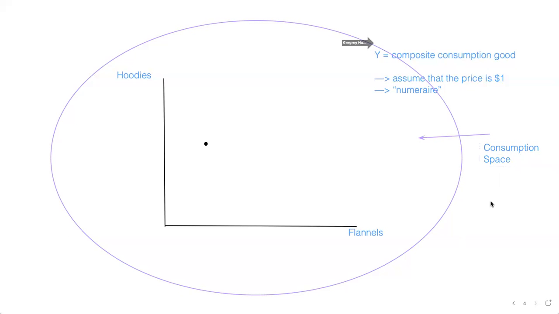Okay. So the consumption space consists of all of these points. We're not going to label all of them. They're just all the potential levels of consumption. So you're saying you thought this indicated some sort of a preference, but I was going for something a little bit simpler than that.